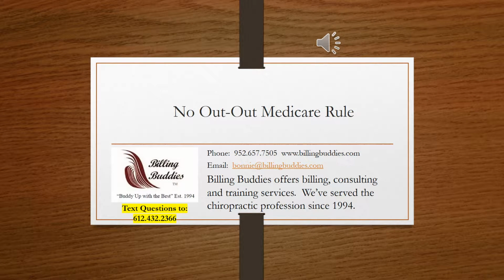Today we're going to talk about the no opt-out Medicare rule. This is a rule that affects certain specialties. Chiropractic is one of them, and so is osteopath. If you go to cms.gov and type in opt-out rule, it'll bring up the specialties covered. There's several of them.